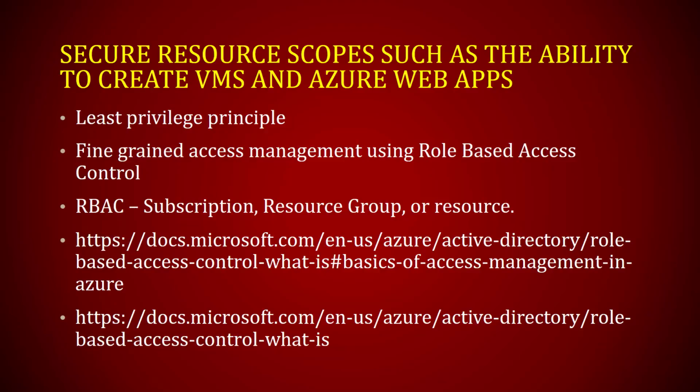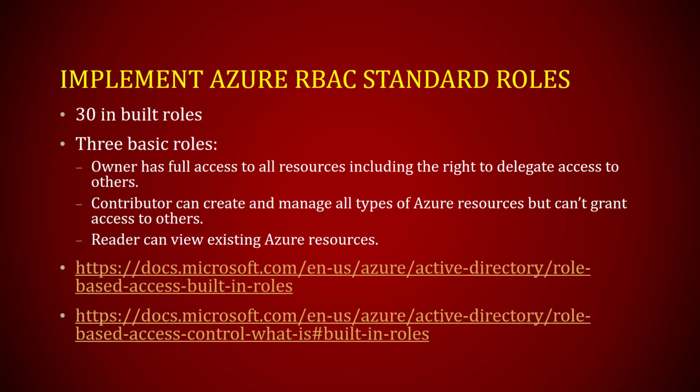If you apply it at the resource group, then it filters into the resources contained within that resource group. So again, this is where the principle of least privilege comes in. When you're doing a design, make sure that you are applying it at the level you want it to apply, not at a higher level.